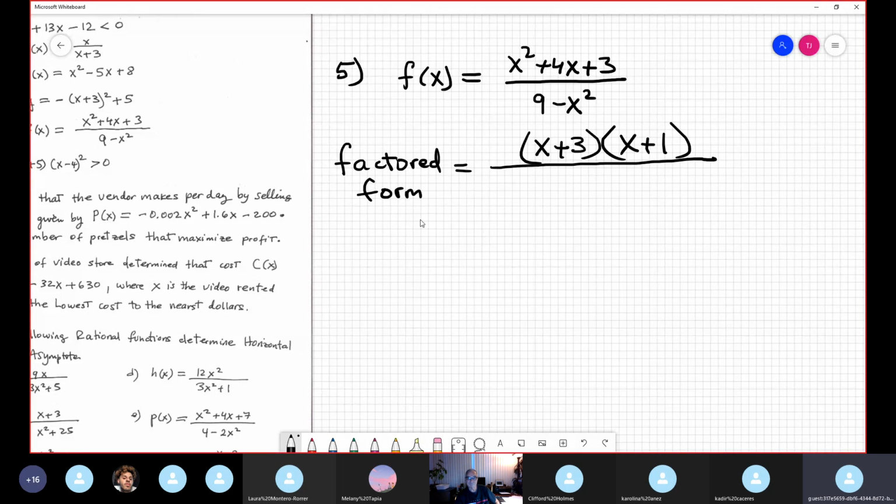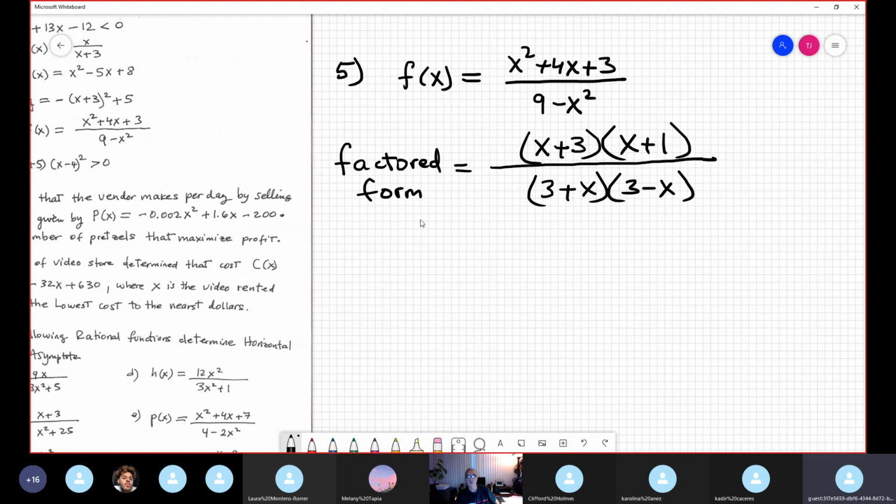The second is the binomial. What kind of binomial? Difference of squares. And the factorization again is 2 binomials. Square root of 9 is 3. Square root of x squared is x, plus or minus. Okay? Something like that. This is the factorization.